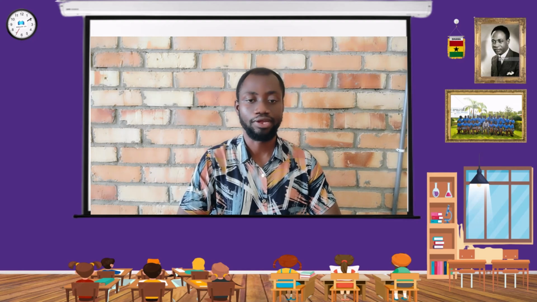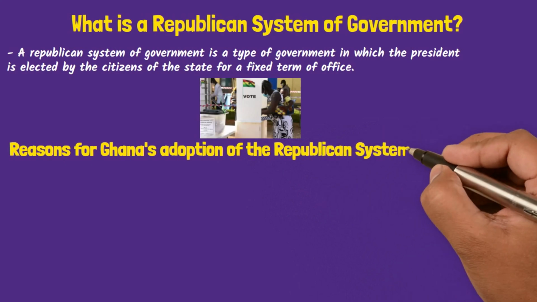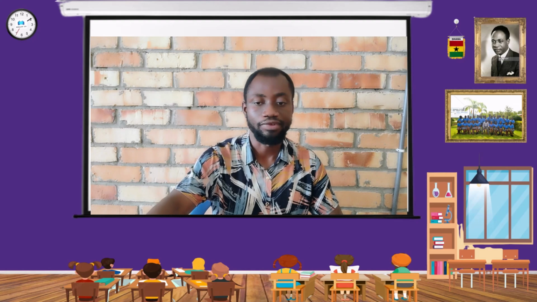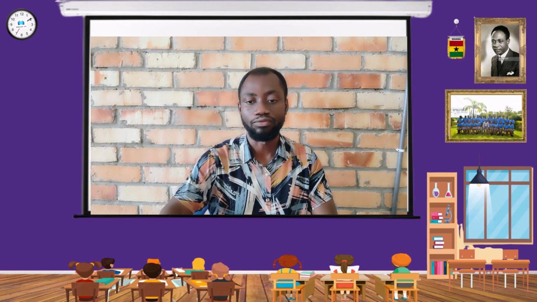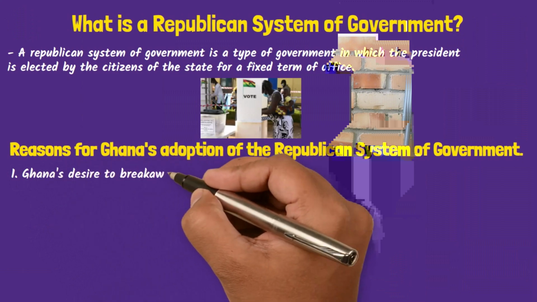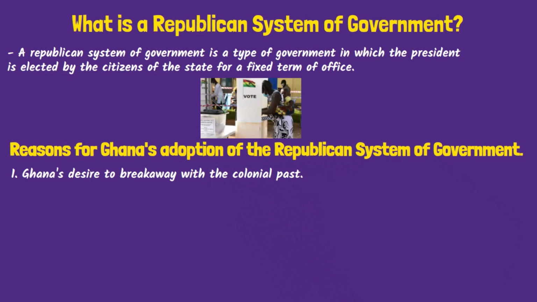So now let's take a look at the reasons why Ghana decided to adopt a Republican system of government. The first reason was that Ghana decided to break away from the colonial past. We had been colonized, and therefore Ghana decided to break away from that colonial past. Ghana adopted this Republican system of government as a means to do away with the colonial past in order to attain complete independence.